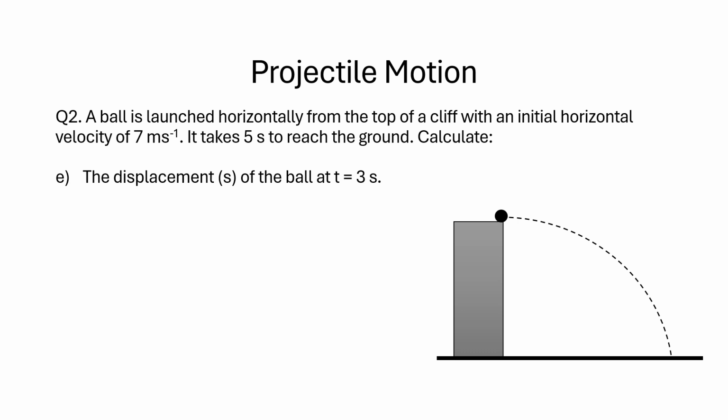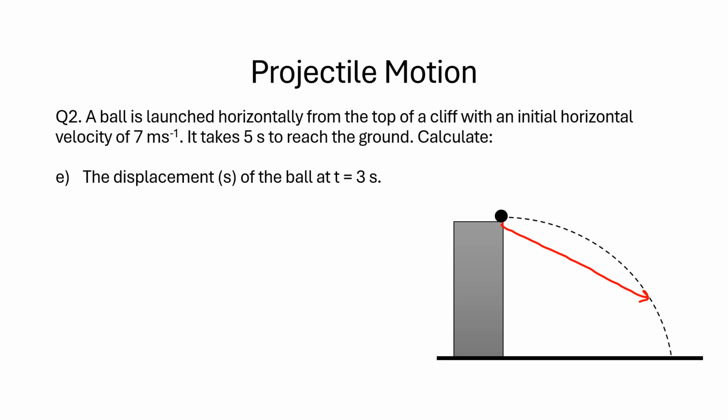The last part of question 2. Calculate the displacement of the ball at t equals 3 seconds. So at 3 seconds, what is the displacement? The displacement will be from start to the end.